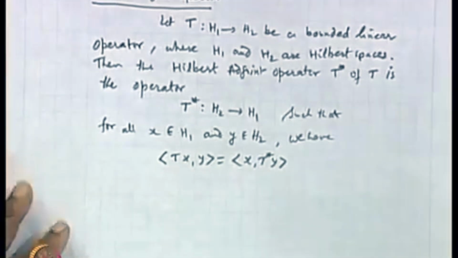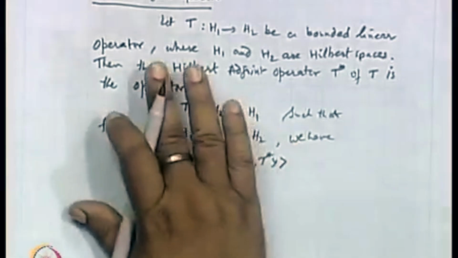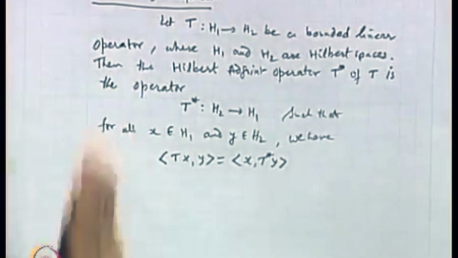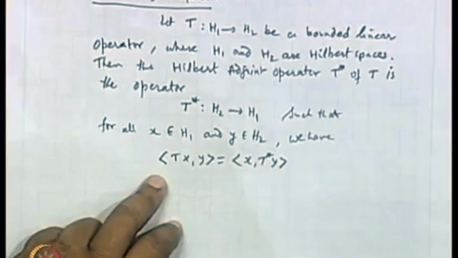What is the Hilbert adjoint operator? It is basically the conjugate operator type. If T is an operator from H1 to H2, then an operator from H2 to H1 will be called a Hilbert adjoint operator, provided these two inner products are identical.